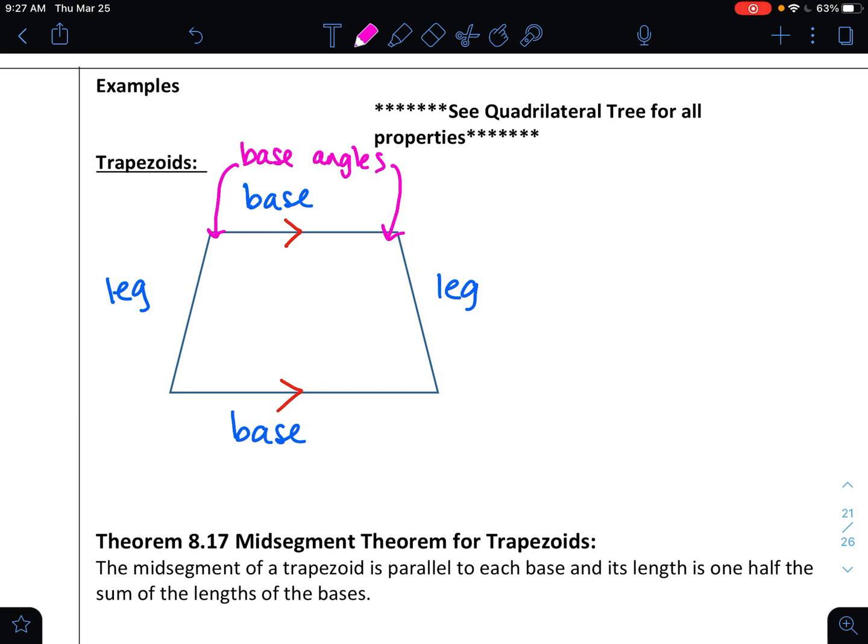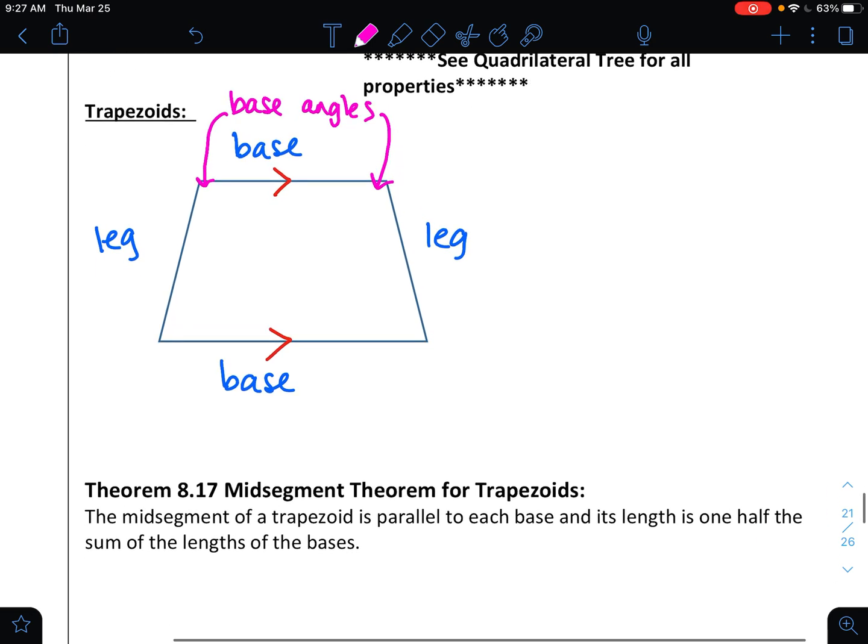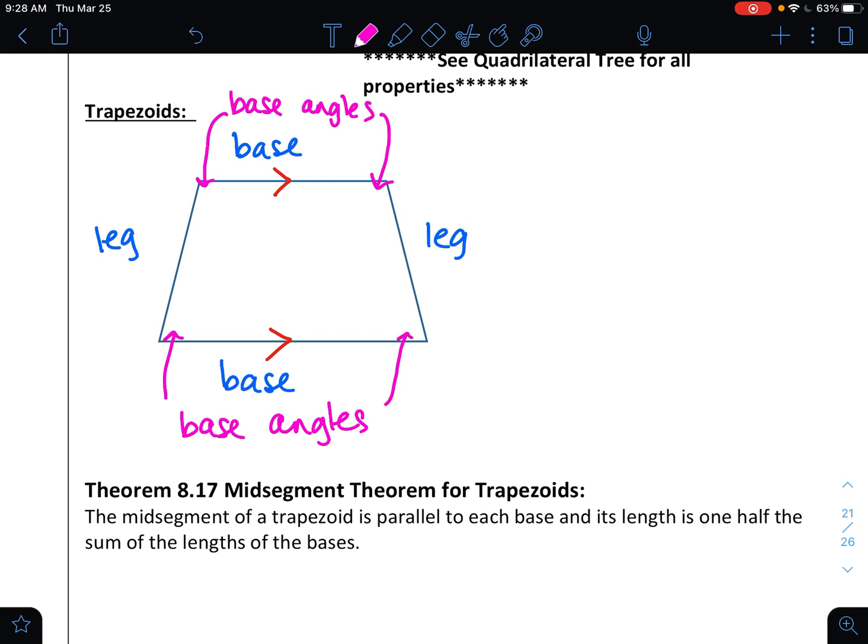And I'm going to point to this one, and I'm going to point to this one. So they go together as a pair. Got the same thing going on at the bottom because there are two bases. Base angles. So along one base are a set of base angles. Along the other base are a set.